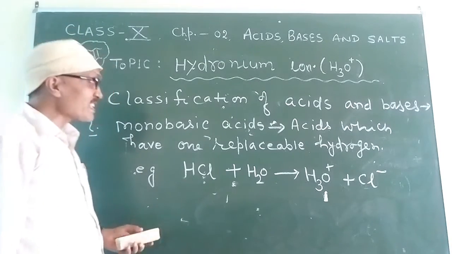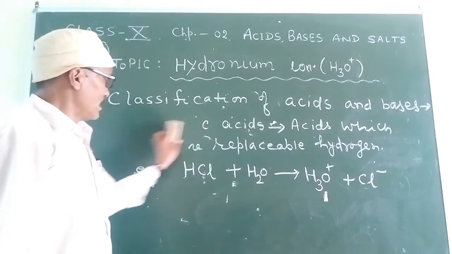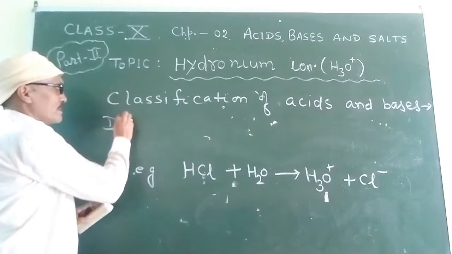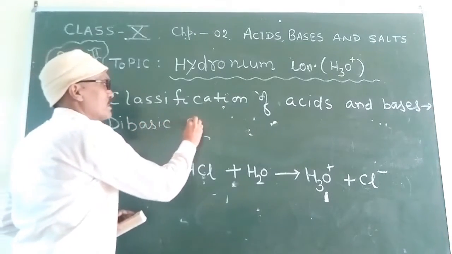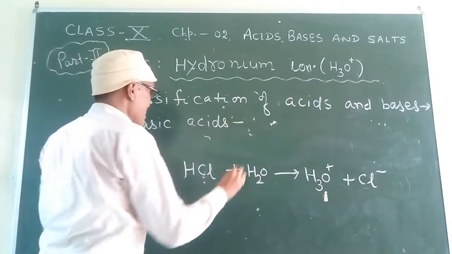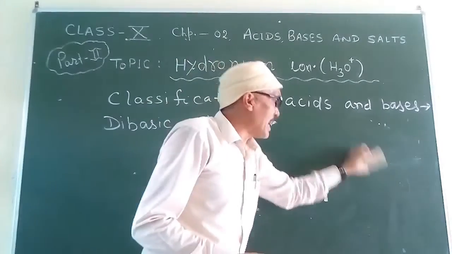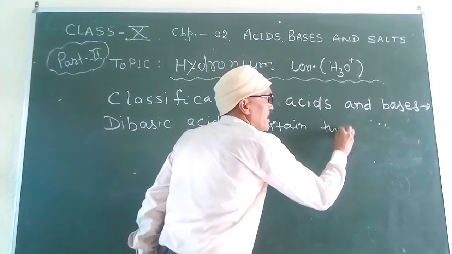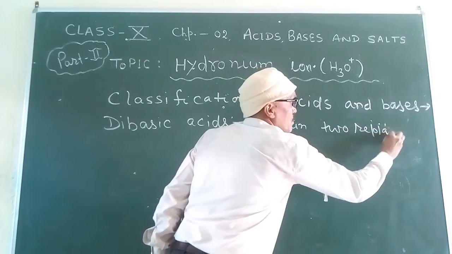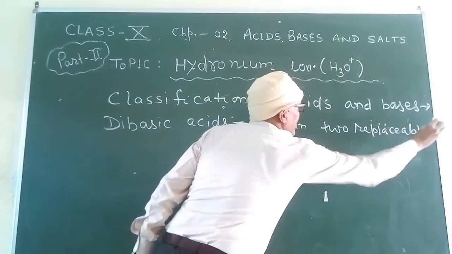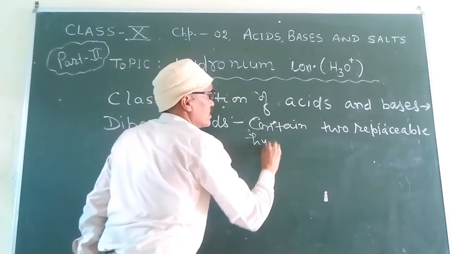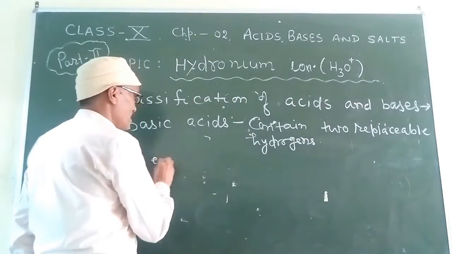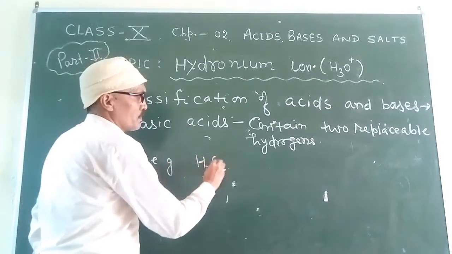Okay? In the similar way, second classification is dibasic acids. Dibasic acids contain two replaceable hydrogens. For example, H2SO4, sulfuric acid.